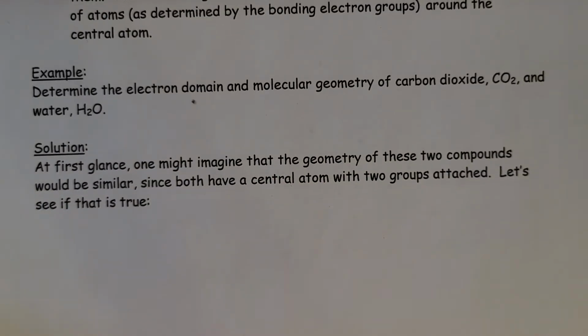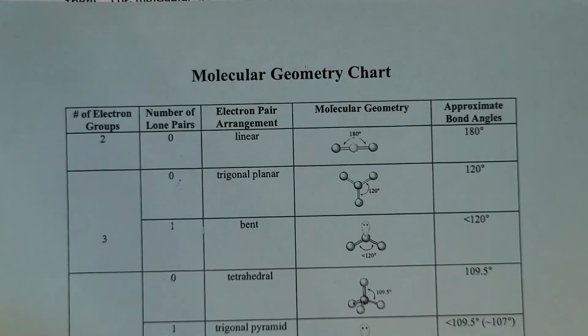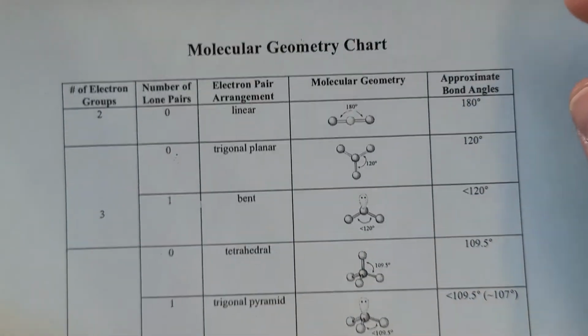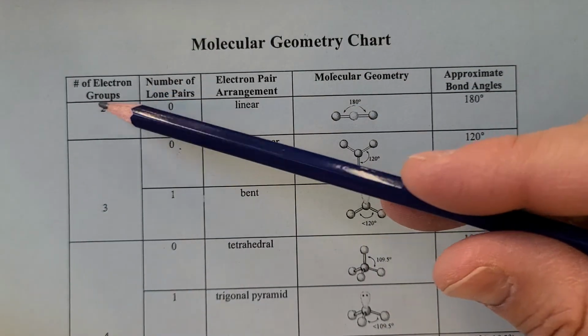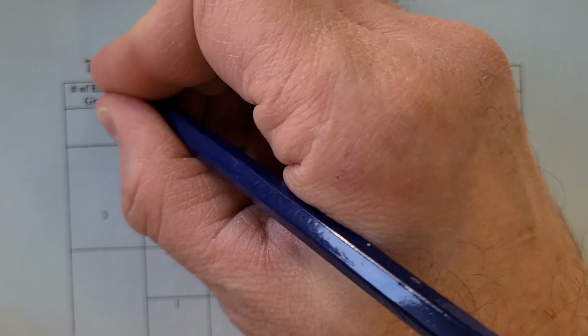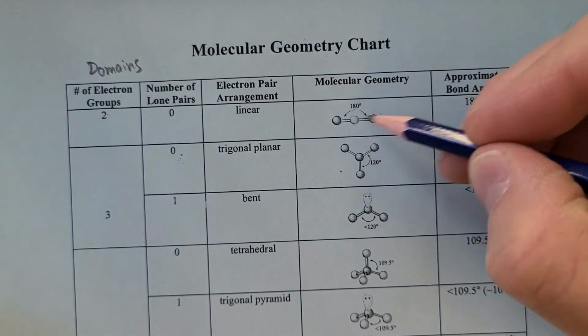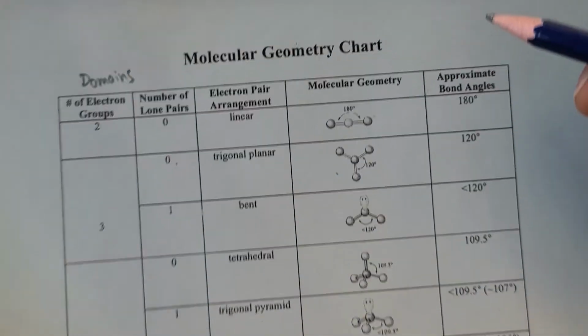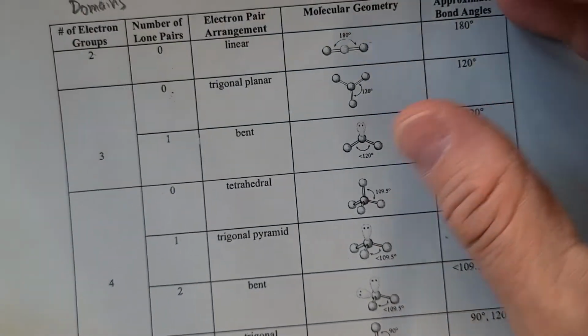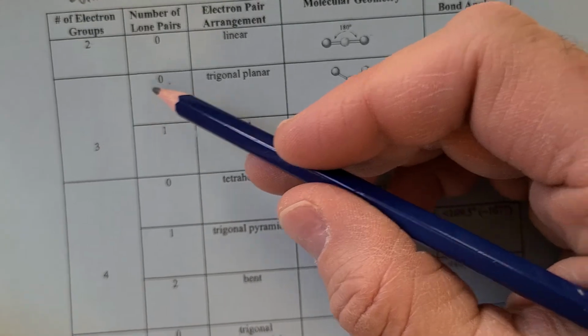All right, you may be wondering, well, how in the world am I going to remember all this? I'm going to give you a reference sheet if you haven't received it already. So the electron groups, or we could say electron domains. So 2 domains around the central atom, we have linear, 180. You can see this is just a summary of all that we've talked about. 3 electron groups, or 3 domains.